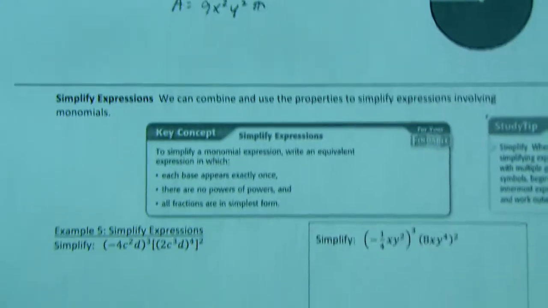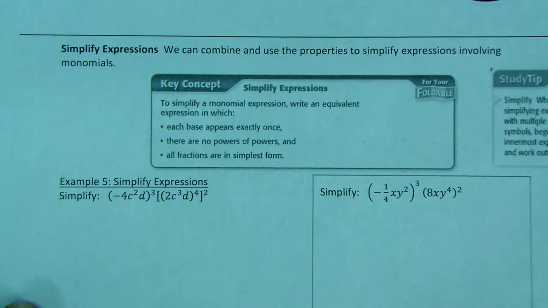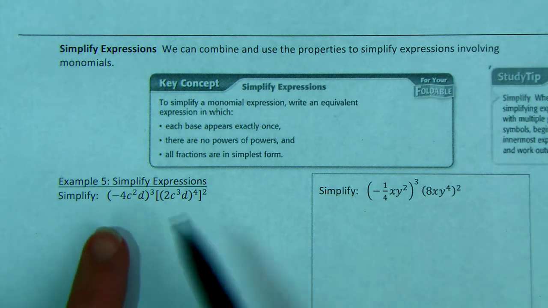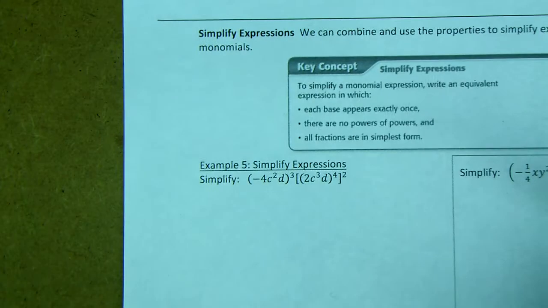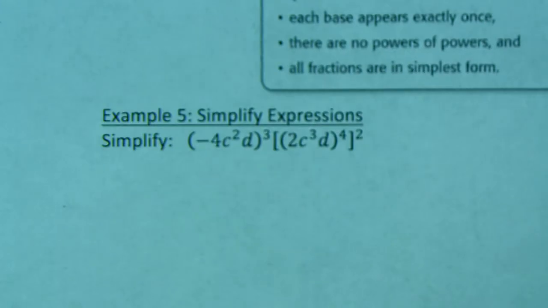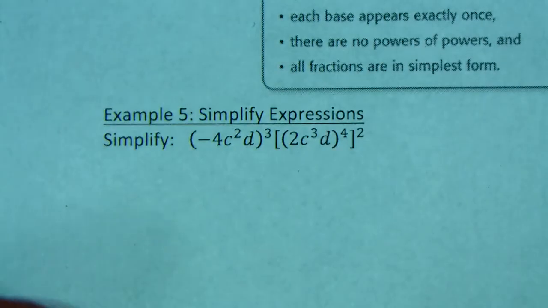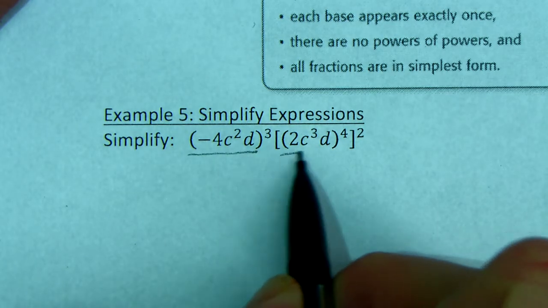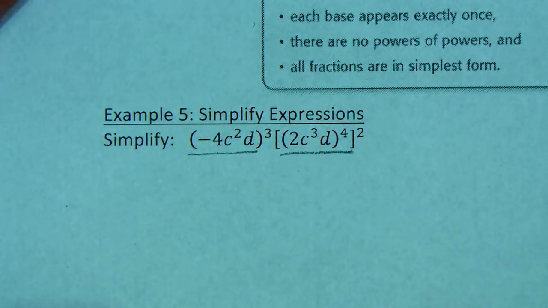Okay, so here's where the fun stuff goes. Take a look at all of that. They're combining all the things that we just did, but all together. So in this first example number 5, let's see if we can blow it up. Zoom it. Oh, there we go. Perfect. So do you see that we have 2 terms, 2 monomials being raised to 2 separate exponents?